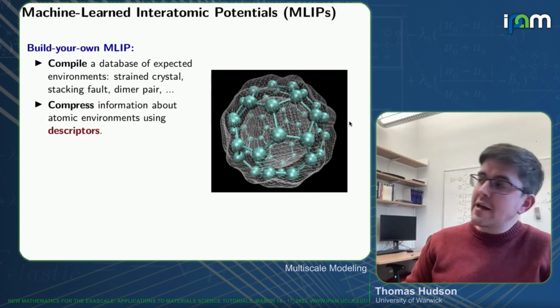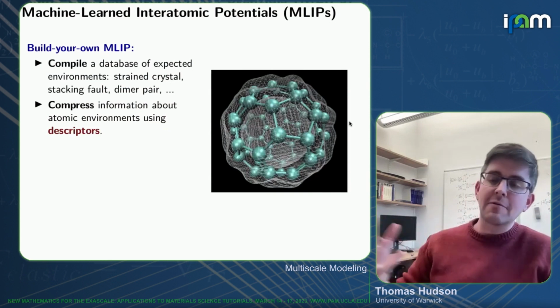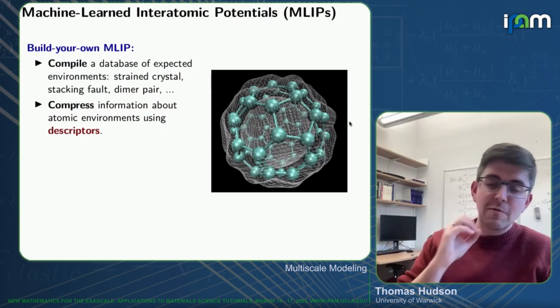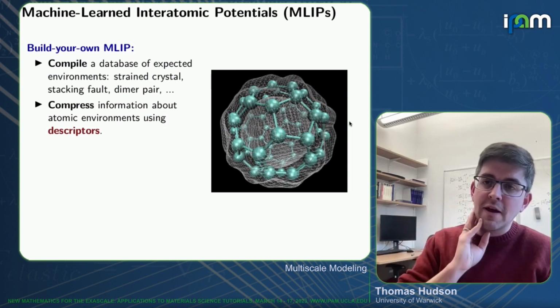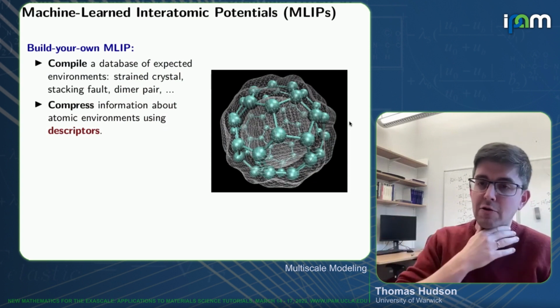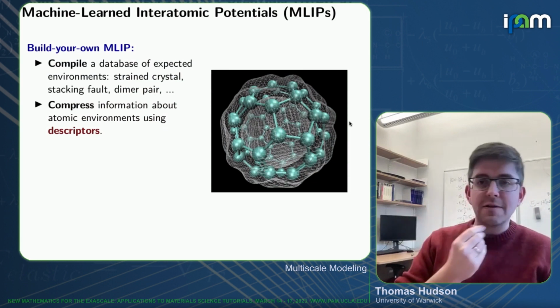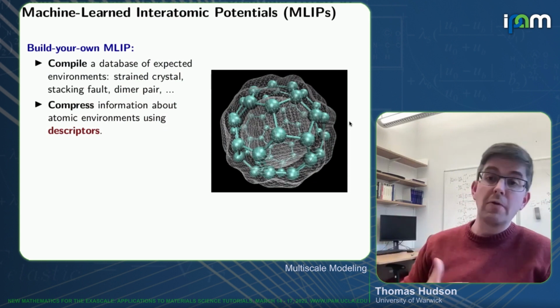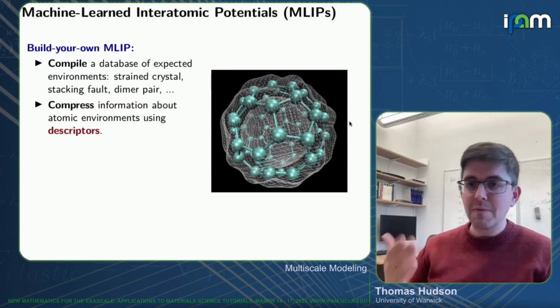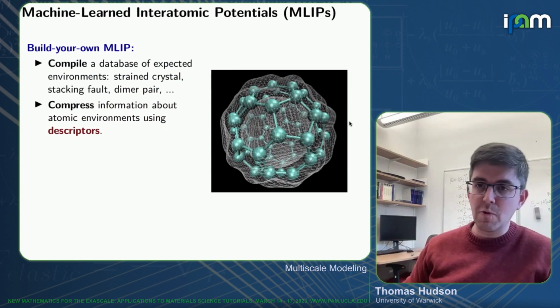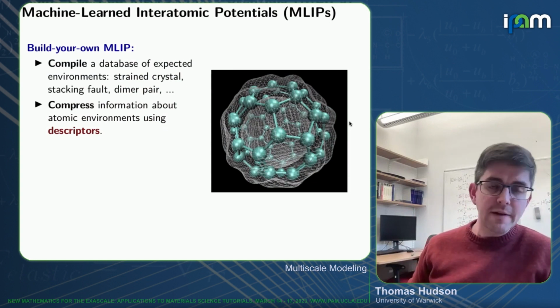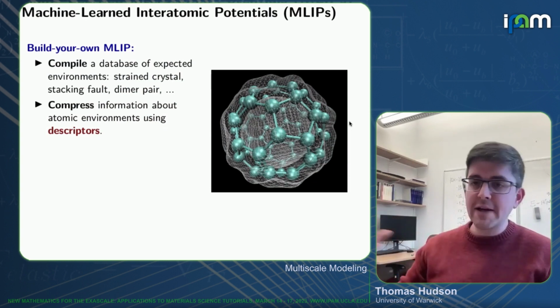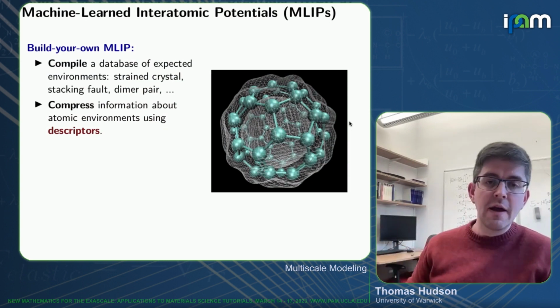In a way, what you're doing is you're taking that environment and somehow reducing it down to as few degrees of freedom as you can get away with that accurately represent the interatomic environment, and often in a way that's not completely intuitive and clear, but I'll talk a little bit about the reasons behind the way that lots of these descriptors work in a minute. Okay, so we've got a database and we've got a way to compress the information that we've had to design to describe the interatomic positions.